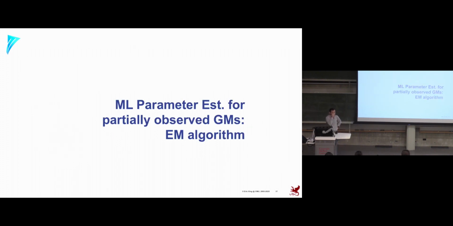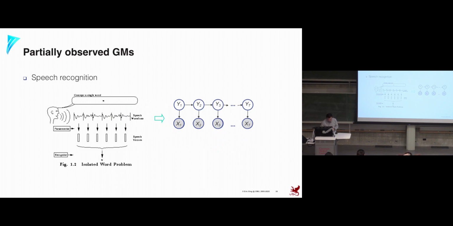All right, so now I want to jump quickly into the next major part of the learning, which is on partially observed or unobserved graphic models. I'm going to again give you another algorithm known as the EM algorithm. So we learned one algorithm already, which is gradient descent or gradient ascent, okay, which applies to all log linear models.